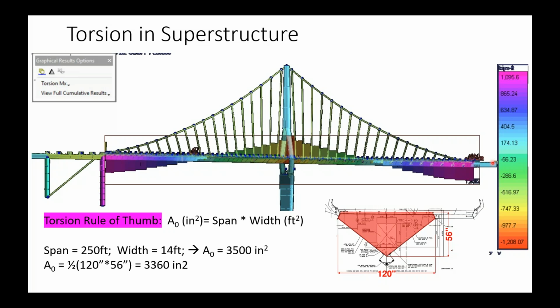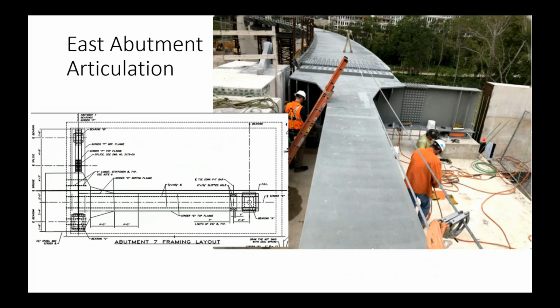So now let's look at what happens to this torsion once we get it to the abutment and try to take it out. Here's a view of that end abutment. You see the main span is here. This location here is where the expansion joint or the abutment would be, which is represented in the figure here. So what we did was we created a really wide outrigger beam here.